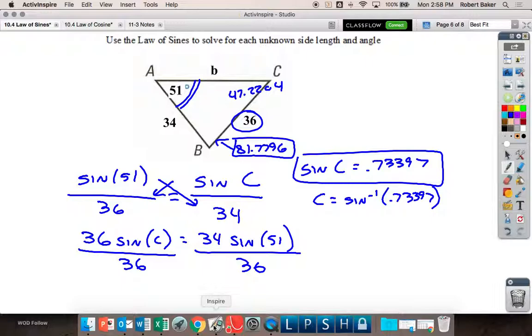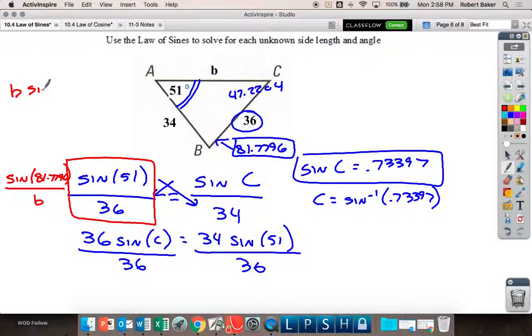So now I have that B equals 81.7796. So I can use this equation, and I can solve for b, the sine of 81.7796 over little b, and I can cross multiply and solve for b. That's b sine 51 equals 36 sine 81.7796.